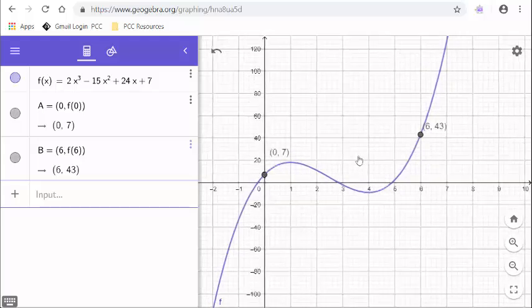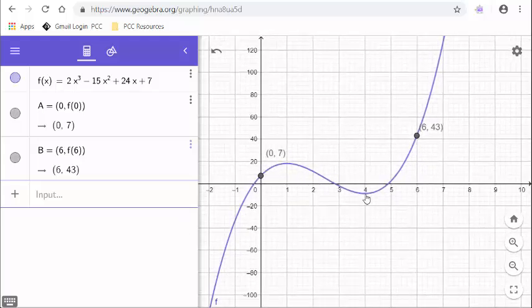So we see on this function the absolute minimum occurs down here. Oh, that's really nice. The extremum is at 4, and the absolute minimum is negative 9. And then we see our absolute maximum on this interval is 43 when x is 6. So cool. No arithmetic mistakes there. I'm happy with that.